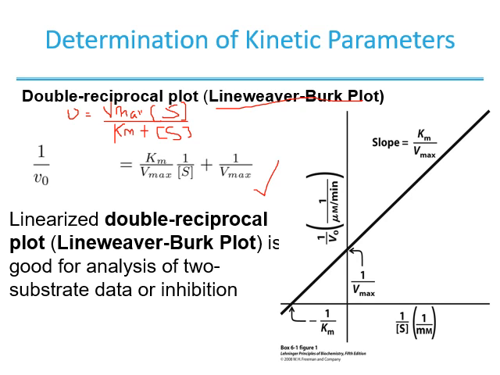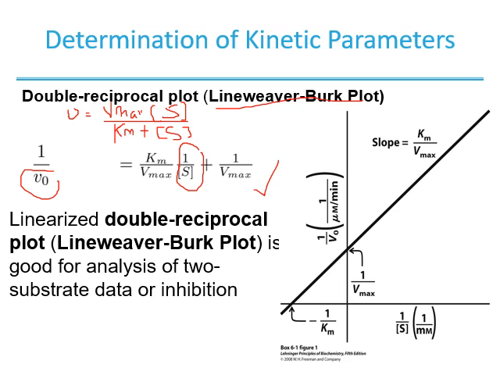So when you plot, if you have data of product rate, 1 over product rate versus 1 over substrate concentration, you get a straight line here.